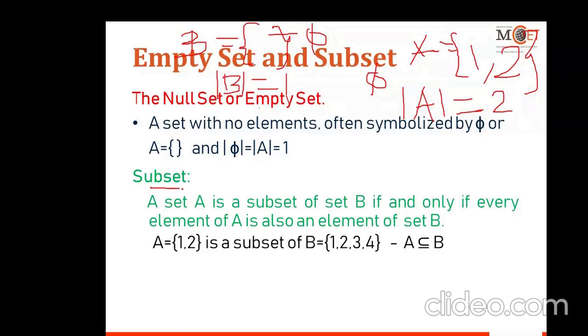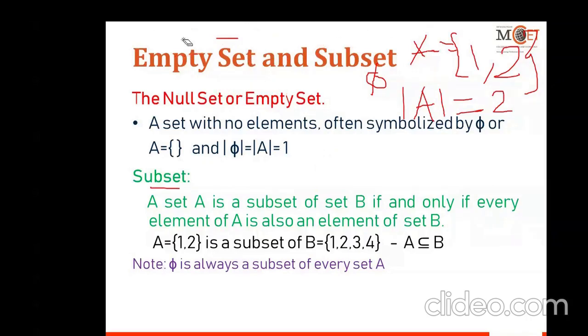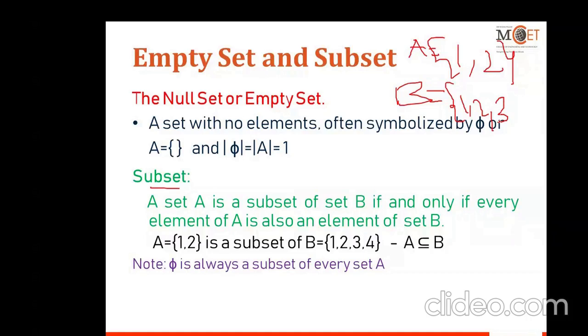Now, what is meant by subset? Consider any two sets, let them be A and B. A has two elements, 1 and 2, and B has four elements, that is 1, 2, 3, and 4.